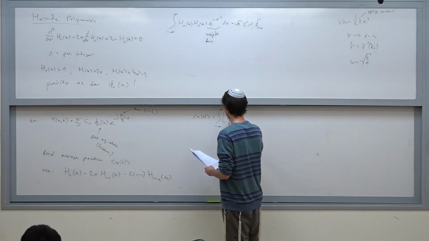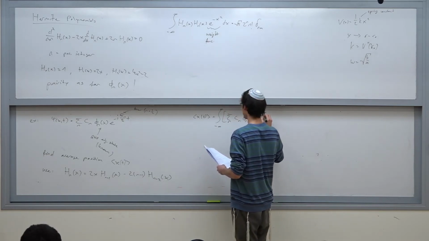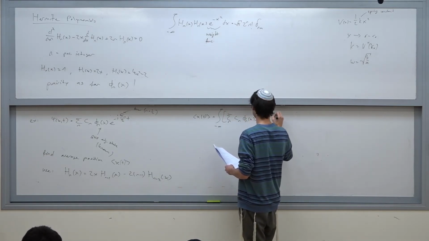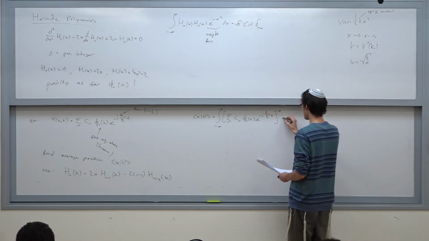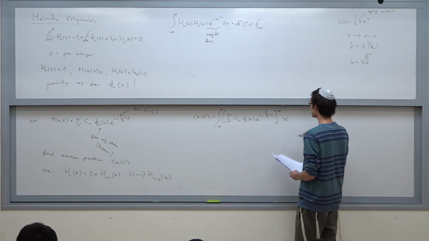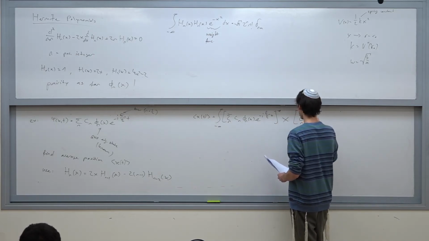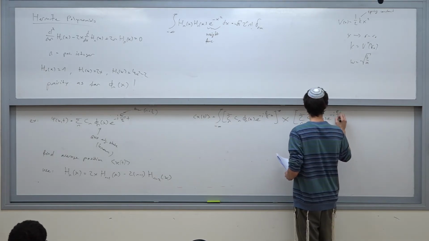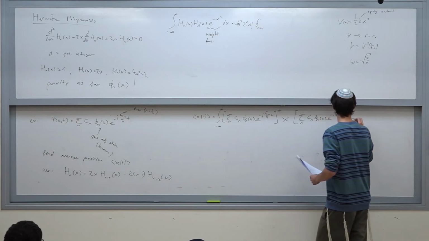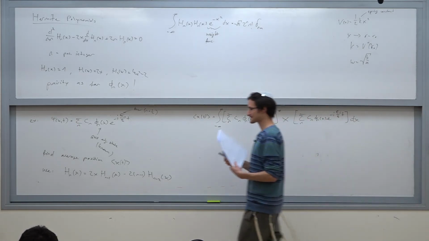So there's a sum over n, Cn, phi n of x, e to the minus i En over h bar t, star. Then we multiply by x, we're working in position space. And then we put in the wave function again, without a star, and integrate over dx. That looks like a really cool thing to do, right?